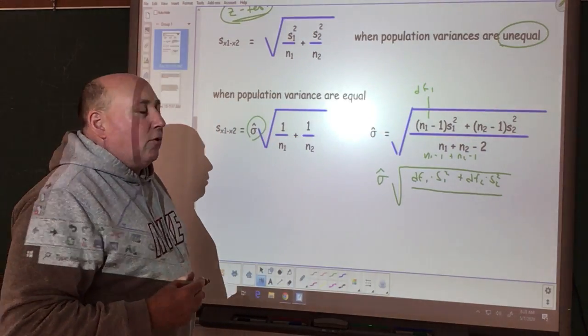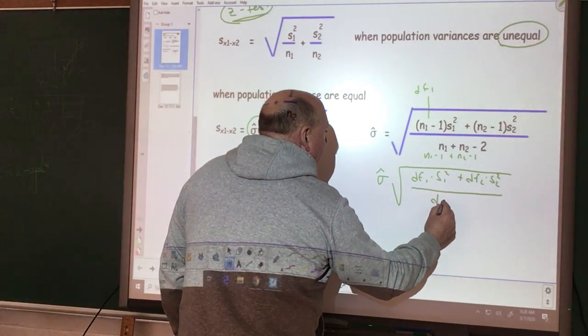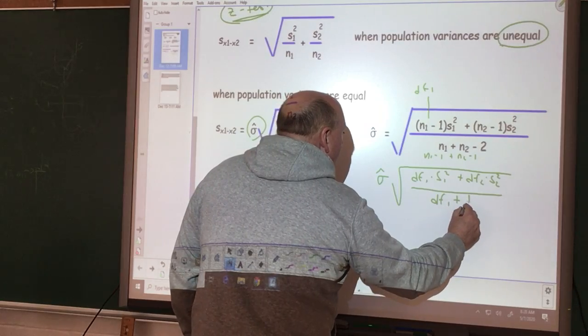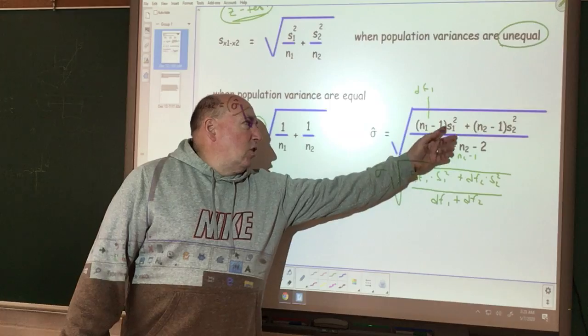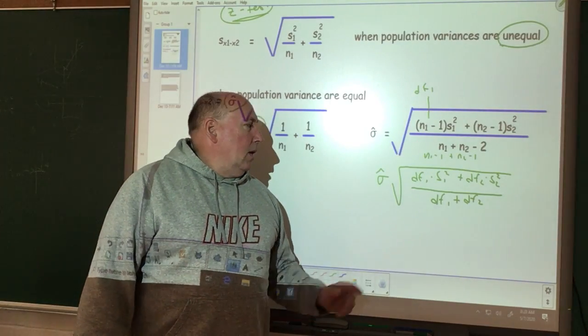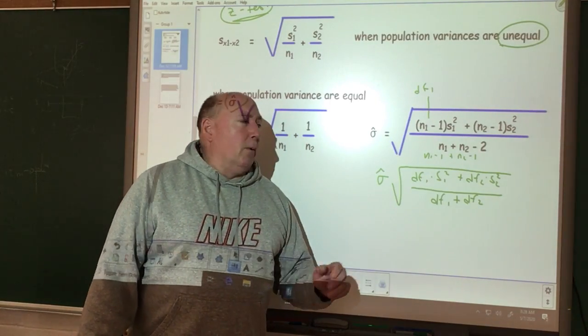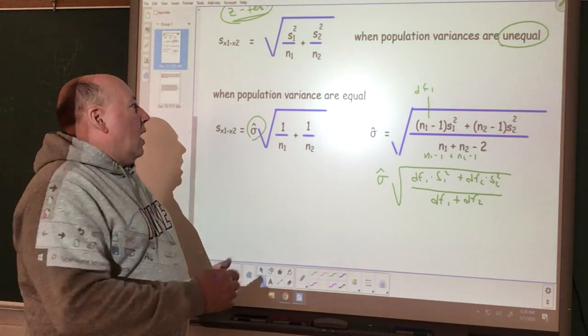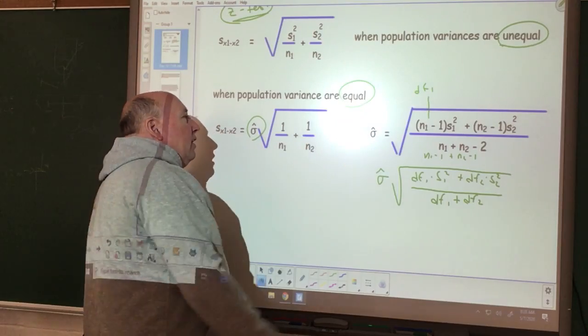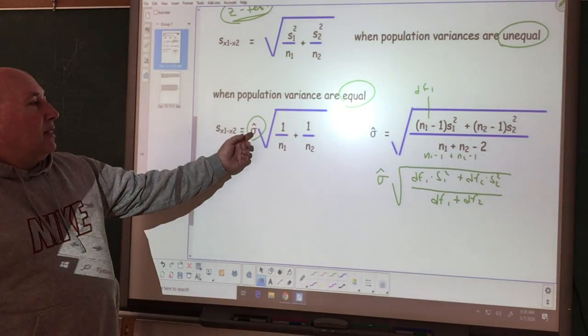That's both of their degrees of freedom. So really this is degree of freedom 1 plus degree of freedom 2. And what this does is sort of clean this up a little bit. It more or less refers to the degree of freedom, which is a lot easier than dealing with all the quantities that are there. We use this when the population variances are equal for this sigma hat.